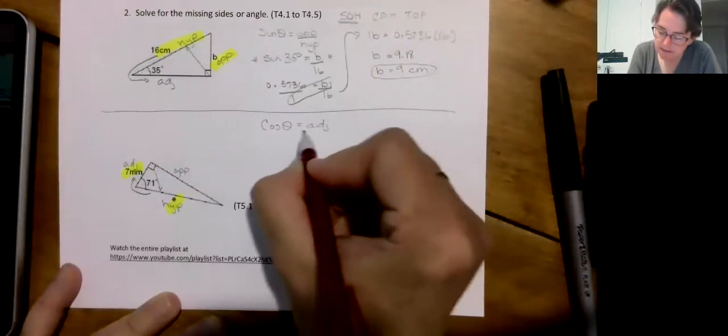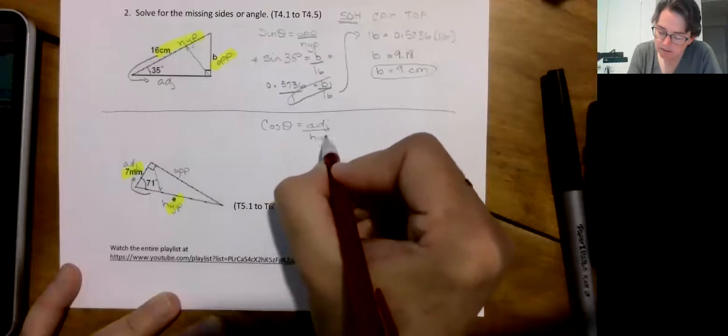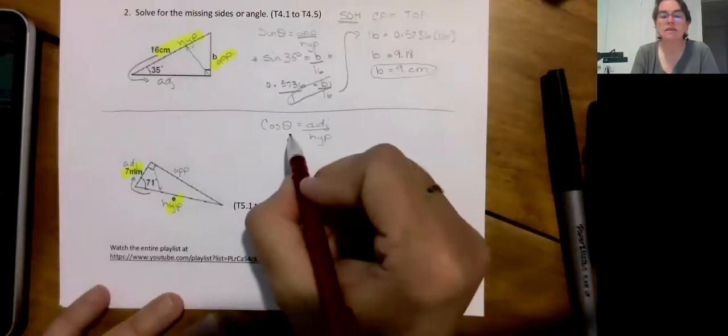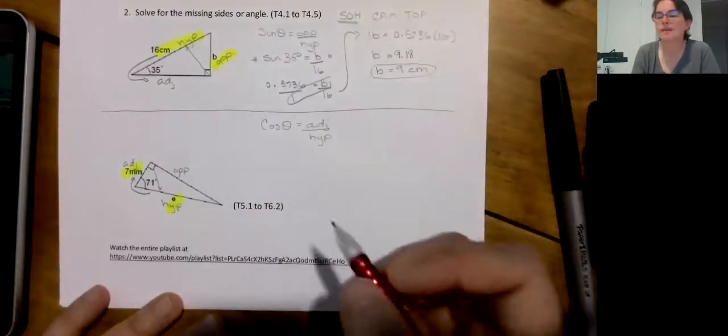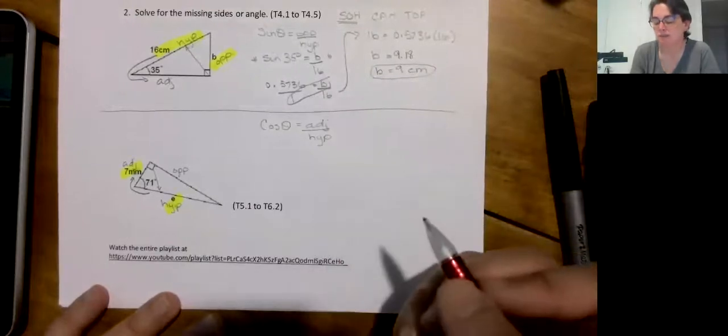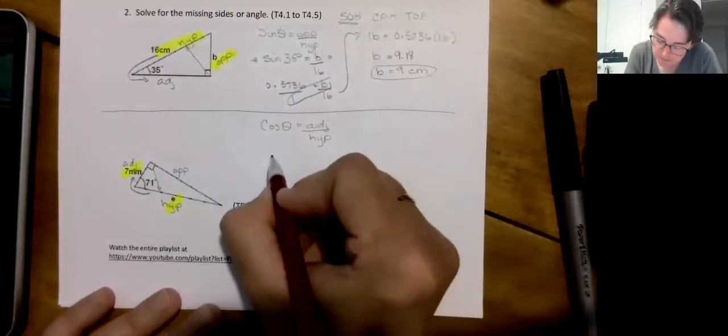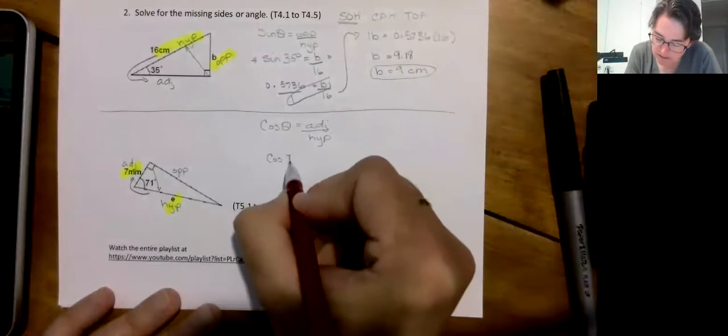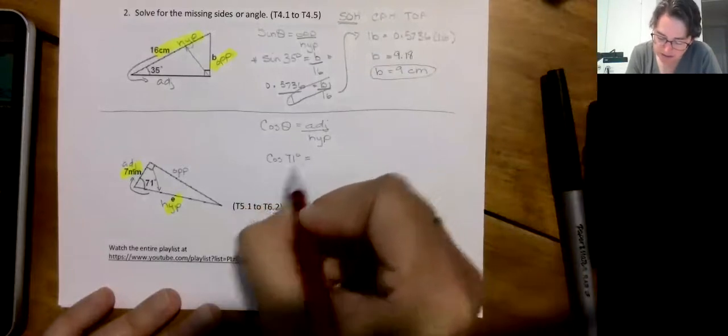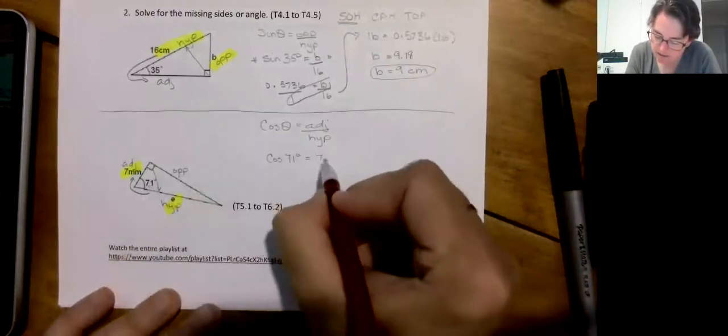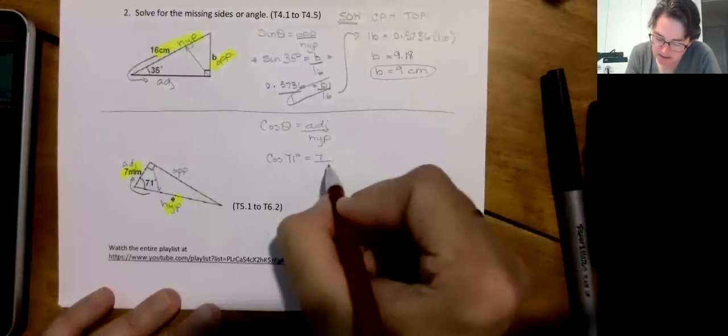Adjacent over hypotenuse. Okay, remember theta is just a generic, it's the equivalent of x in geometry. For some reason, they like to use theta. So cos theta, replace it with the information for my question, is adjacent, which is 7, over hypotenuse.